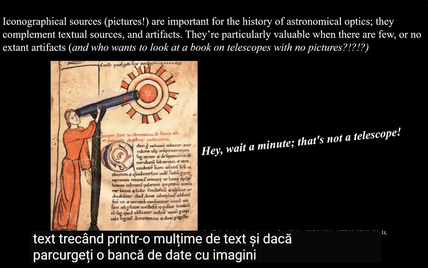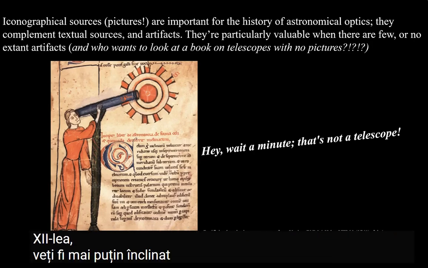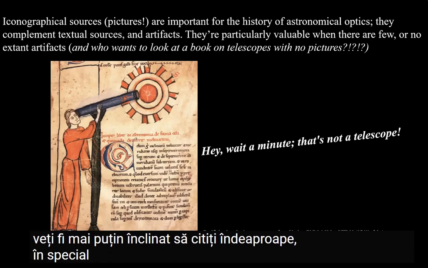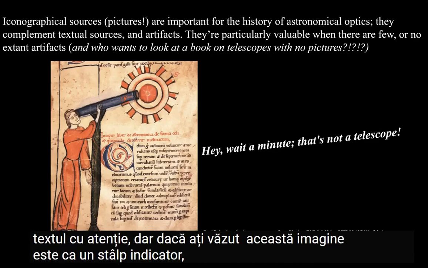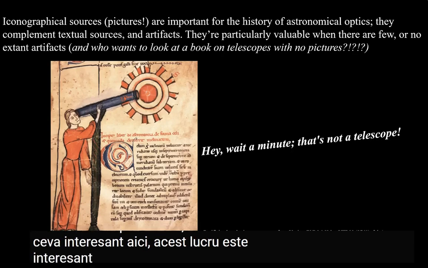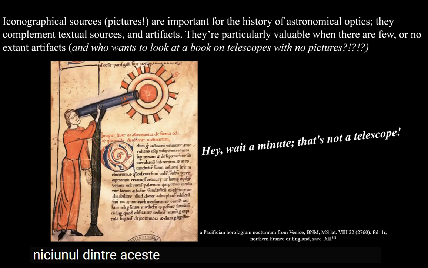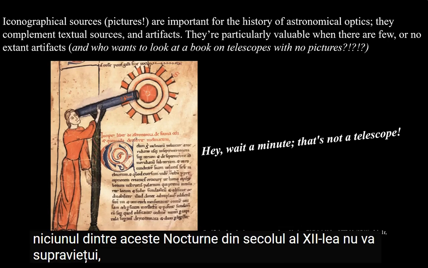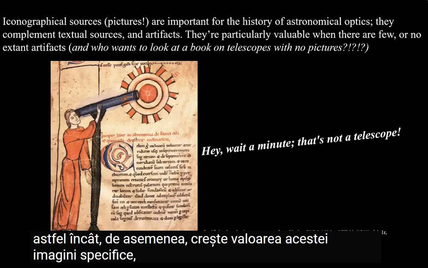And if you're going through a data bank of late 12th century images, you will be less inclined to read closely, particularly if you're skimming. But if you saw this image, this is like a signpost that there's something interesting here, at least interesting to us. None of these 12th century nocturnals survive, so that also increases the value of this particular image.